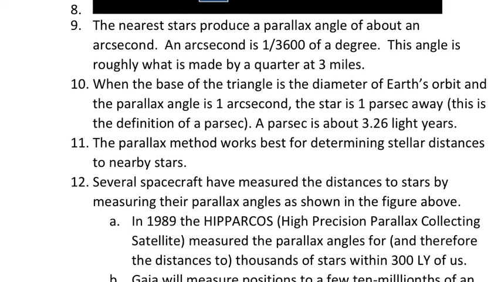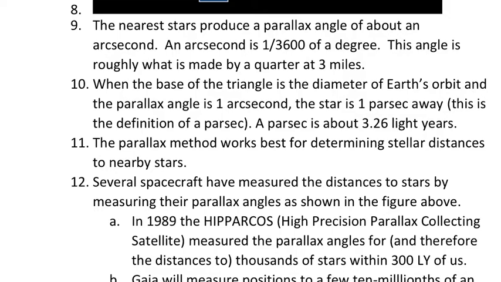Here it is. An arcsecond is 1/3600th of a degree, right here. This angle is roughly what is made by a quarter at a distance of 3 miles. That's an arcsecond. So if somebody holds up a quarter 3 miles away from you, the angle that makes from one edge of the quarter to the other edge of the quarter is about an arcsecond.